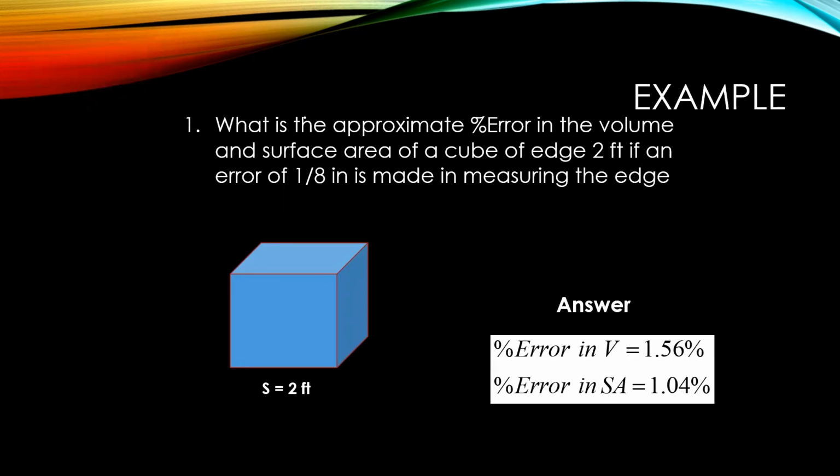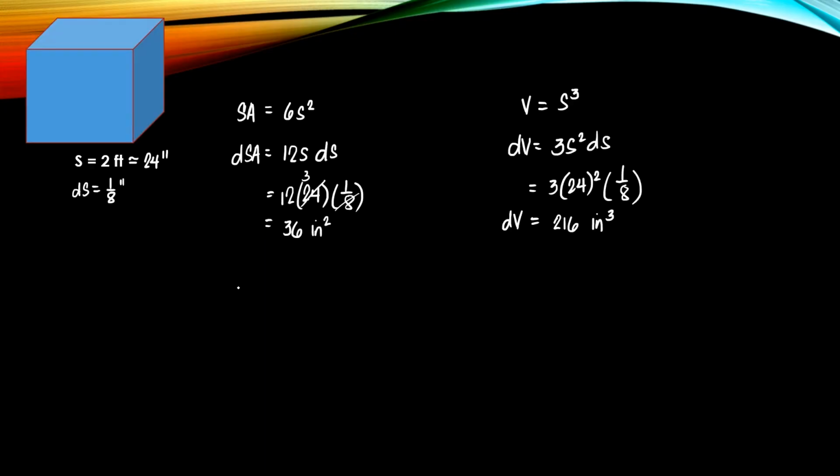You're asked here for the percentage error in the volume. So percentage, therefore, dSA over SA times 100, dV over V times 100.